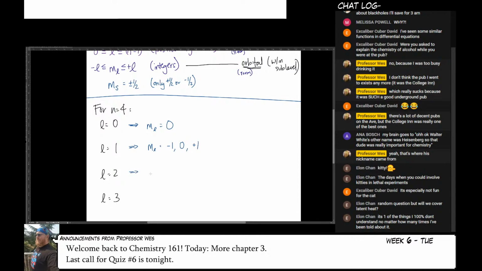For L equals 2, M sub L can be -2, -1, 0, +1, or +2. And then for L equals 3, M sub L can be -3, -2, -1, 0, +1, +2, and +3.